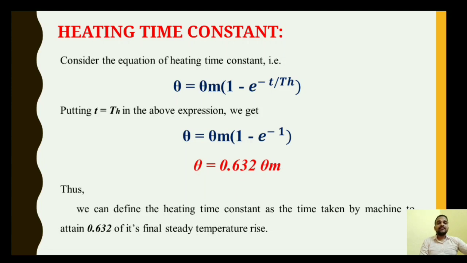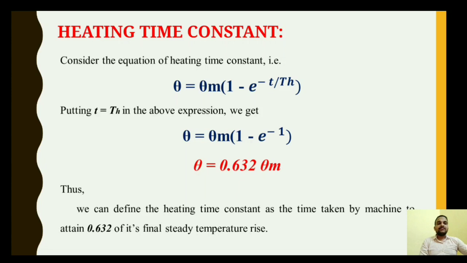So from the relation we can see that theta equals theta m (1 minus e to the power minus t upon th), where theta is the temperature, theta m is the maximum value of temperature that the machine attains, t is the actual value of time of machine run, the machine running time, and th is the heating time constant.